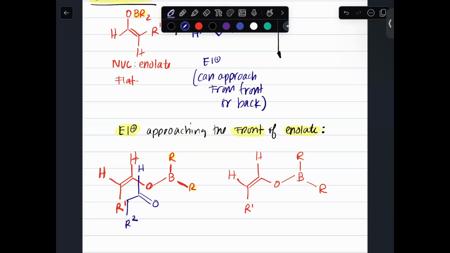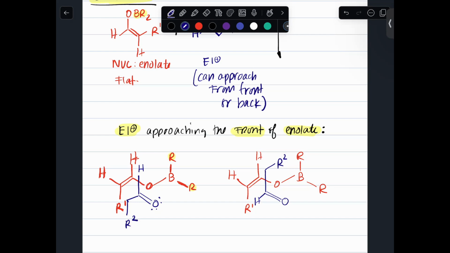This is one of the ways it can approach, or it can approach as follows. Okay.